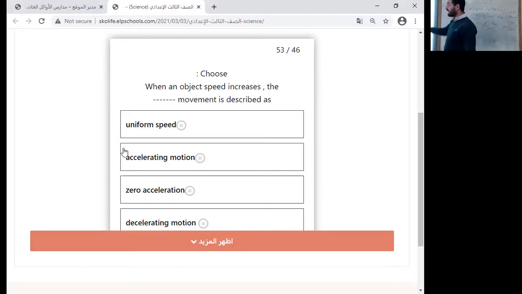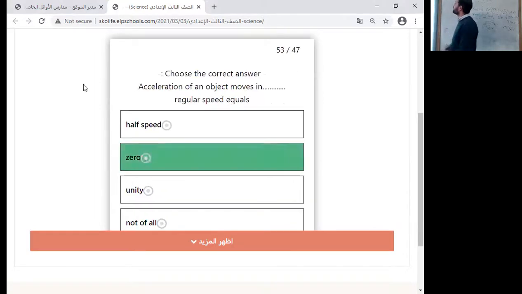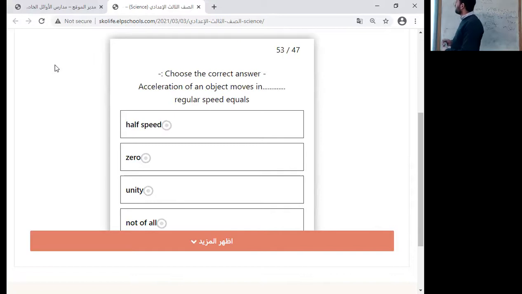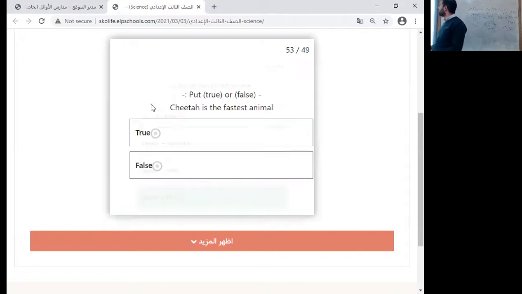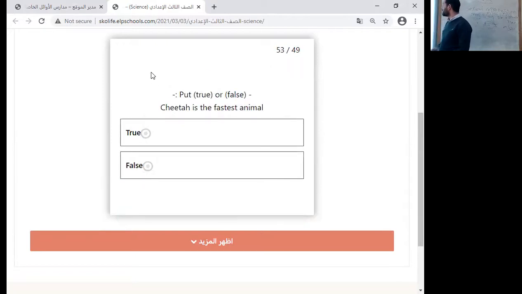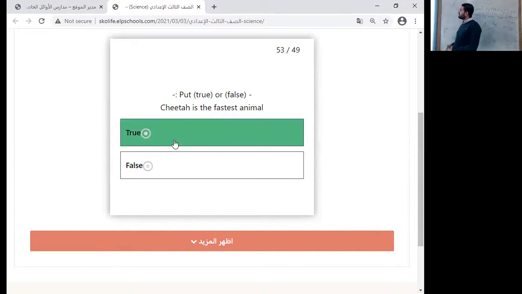Next one: the acceleration of an object that moves with a regular, uniform speed will equal 0. Acceleration equals speed over time. The last one: the cheetah is the fastest animal. Yes, it is.